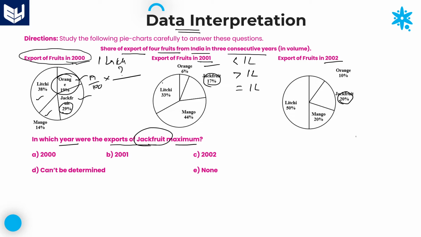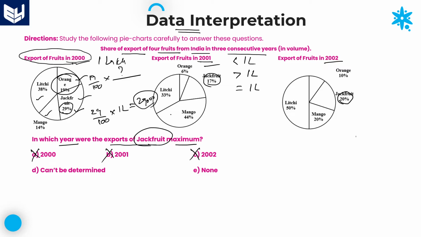But many students will think that here it is 29 percentage, so we can go ahead with 2000. But that is the wrong answer. 2000 is not the answer, 2001 is also not the answer, and 2002 is also not the answer. The reason: 29 percentage of 1 lakh, for example, gives you 29,000.